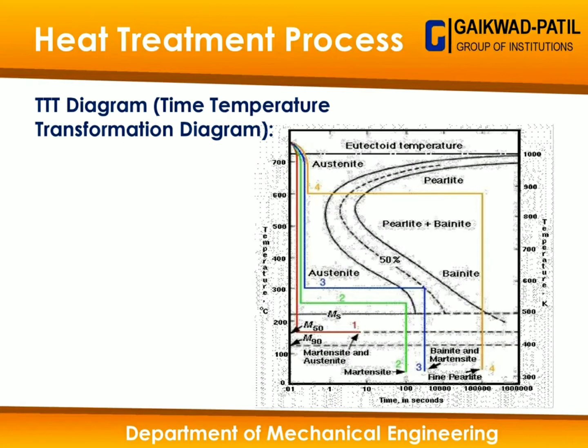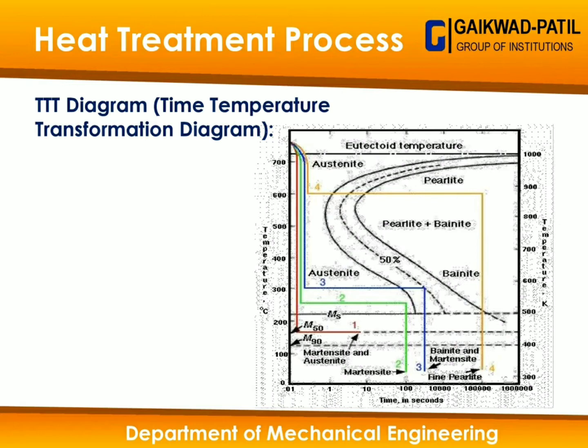It is basically focused on the eutectoid system, where gamma austenite transforms into pearlite. Here we can see the TTT diagram where the eutectoid temperature is given, and the gamma austenite gets transformed into new phases like pearlite plus bainite, bainite, then martensite-like phases, right? So let's see how this transformation takes place.